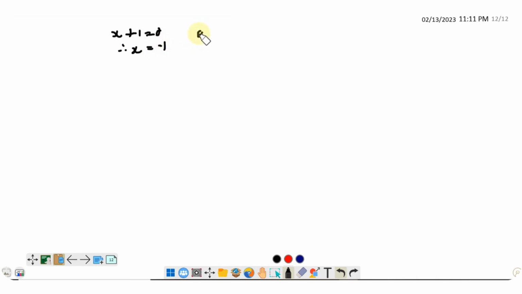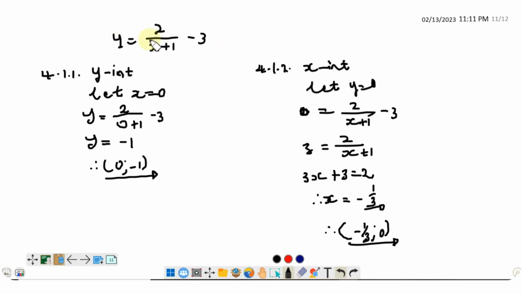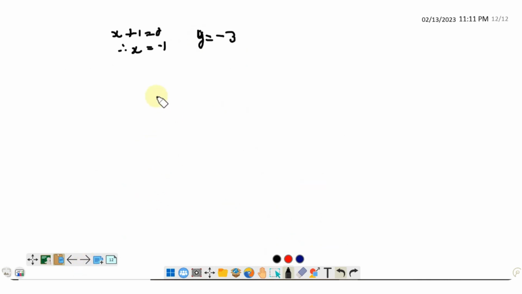And for q, remember, y equals negative 3. I'm getting this from the equation. x plus 1 equals 0 and y equals negative 3. Those are the asymptotes. So we have the asymptotes and the intercepts, so we can draw the graph.